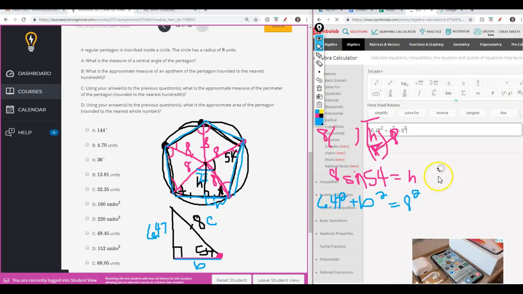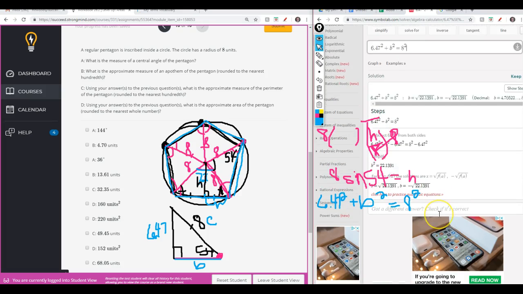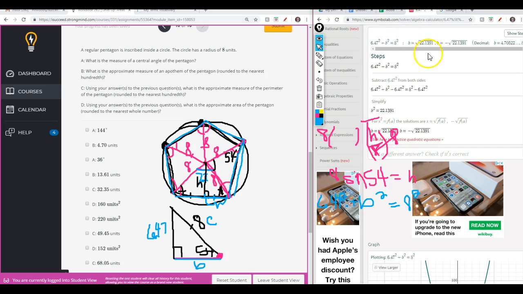And this will write it out a lot easier. So it says subtract 6.47 squared from both sides. So that's how they went. 6.47 squared minus 6.47 squared is 0. So that's how they went from here to here with just it being b squared on the left hand side. And then 8 squared minus 6.47 squared, they typed it in.